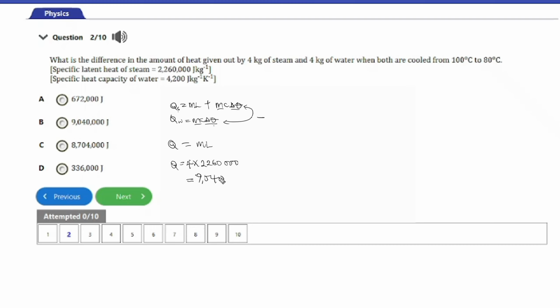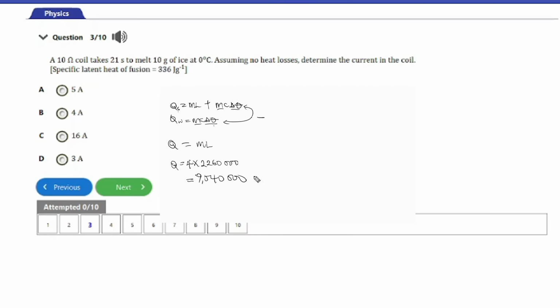So let's go ahead and consider the next question. The next question here is question number 3. It says, a 10 ohm coil takes 21 s to melt 10 gram of ice at 0 degrees Celsius. Assuming no heat losses, determine the current in the coil. The specific latent heat of fusion is 336 joule per gram.